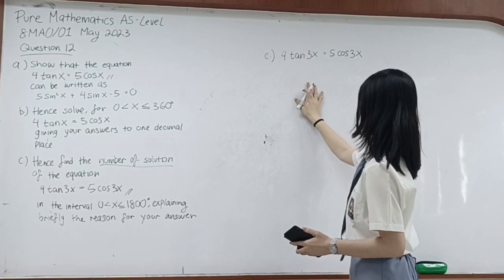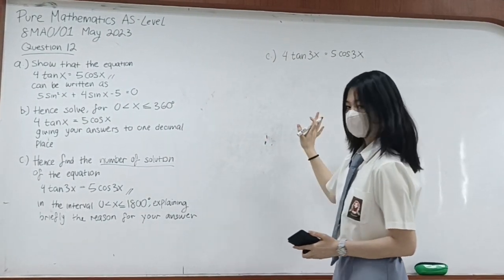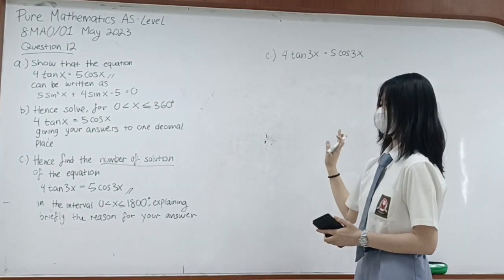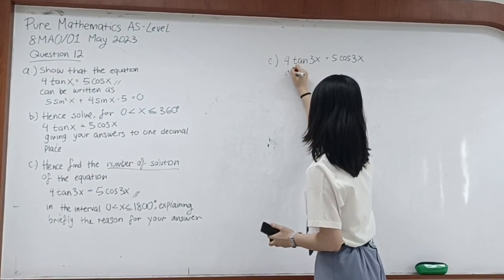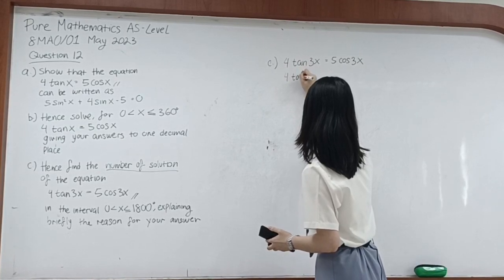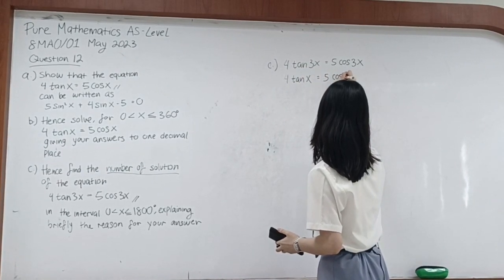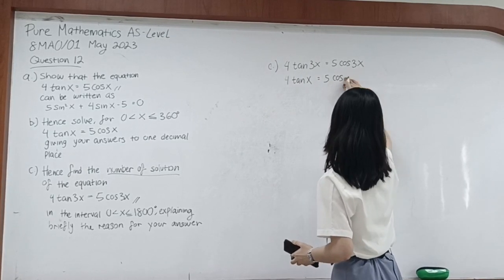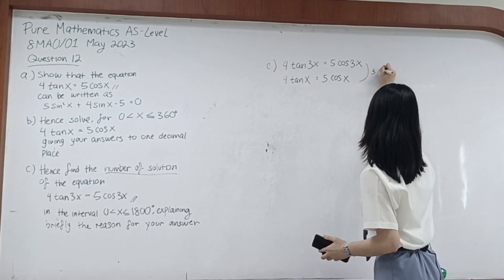That's because if you place this into a graph and compare these two equations, the graph will be compressed horizontally by a scale factor of 3. Therefore, if we compare it, we can write down the first equation, 4 tan x equals 5 cos x. We know that this is greater by 3 times.